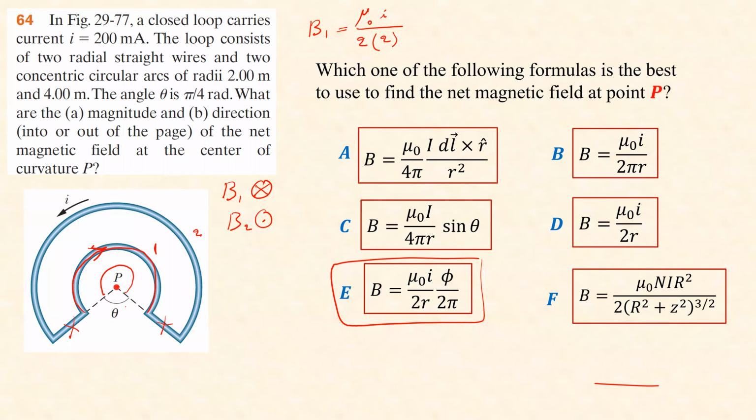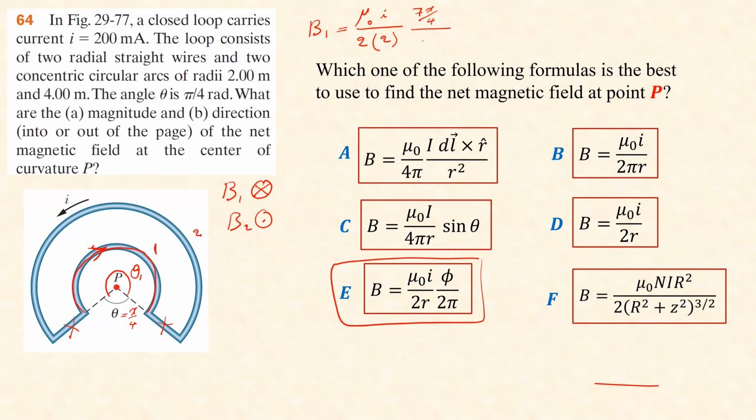If this is pi over 4, what is this? Let's call it theta 1. 3 pi over 4? No, it should be 2 pi minus pi over 4. Oh, sorry. Yeah, so 7 pi over 4, right? 8 pi over 4 becomes 2 pi. This has 1 pi over 4 less.